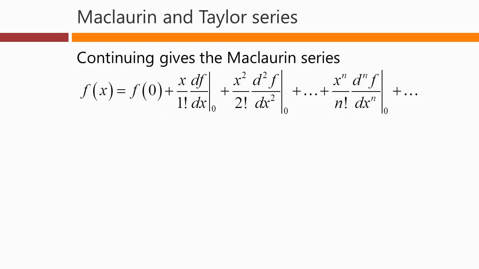So this was a0. All of this here is a1 times x. All of this here is a2 times x squared, and so on. And all of this here is an times x to the power n, and so on.